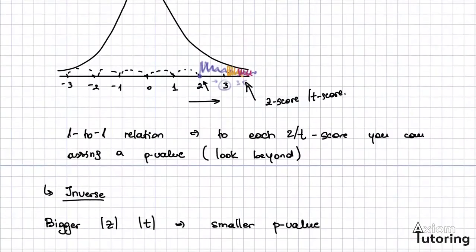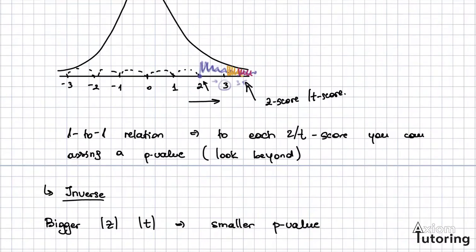Now, when you use one tail or two tails, because we saw that for the t-table, obviously that depends on your question. And we said that on a one-sided test, you have the area all in one tail. On a two-sided one, you have area in both tails.